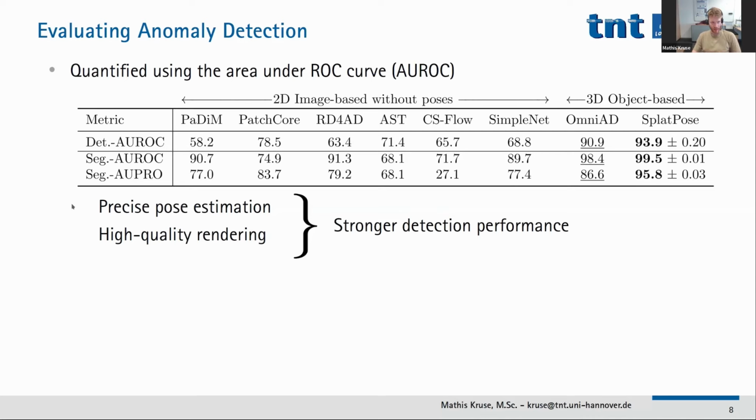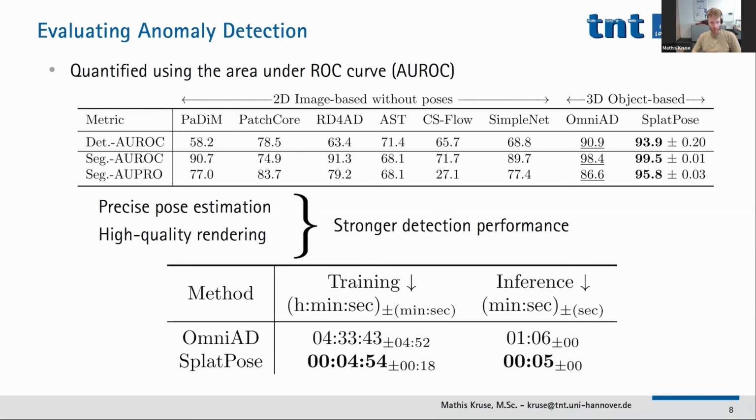We hypothesized that we are able to outperform OmniPose AD due to the precise pose estimation of our approach and due to the high quality rendering we achieve. Also, OmniPose AD is working with vanilla neural radiance fields, so NeRFs. And these are, of course, very slow to train in their vanilla version, and the inference is also relatively slow.